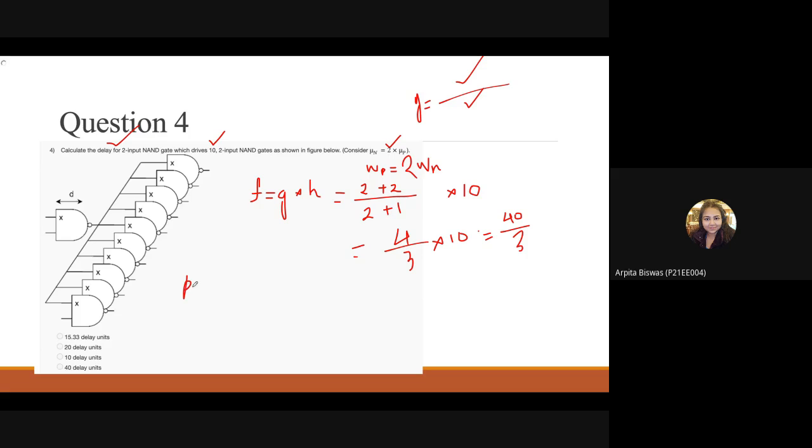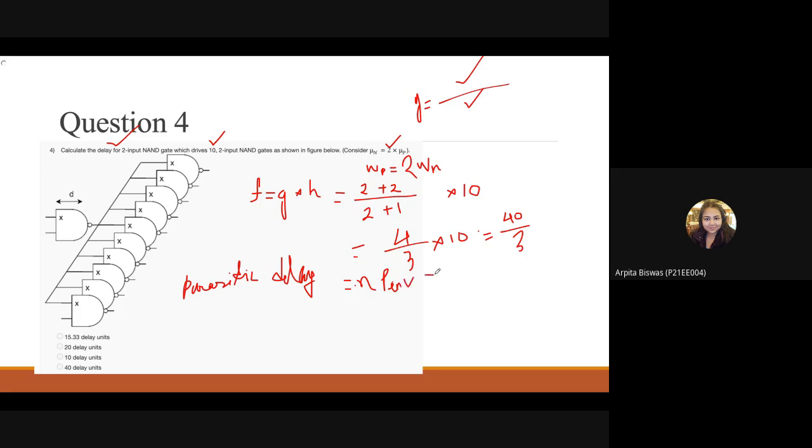So this is the parasitic delay. What is the value of the parasitic delay? N into P, for the inverter, INV.